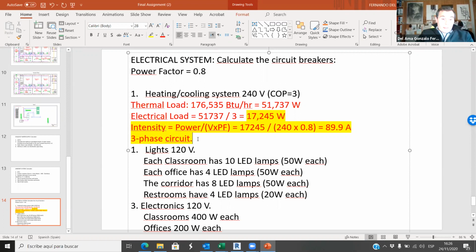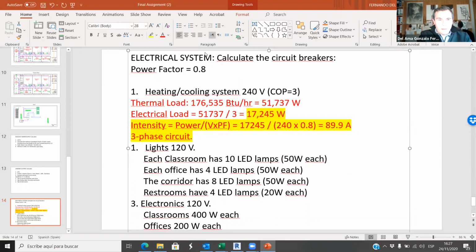Okay. There is another formula. We haven't studied that formula. It's very simple. It has a square root of 3, but it's just a formula. So to calculate the intensity in a three-phase circuit, there is another formula. Maybe I can place that formula somewhere.